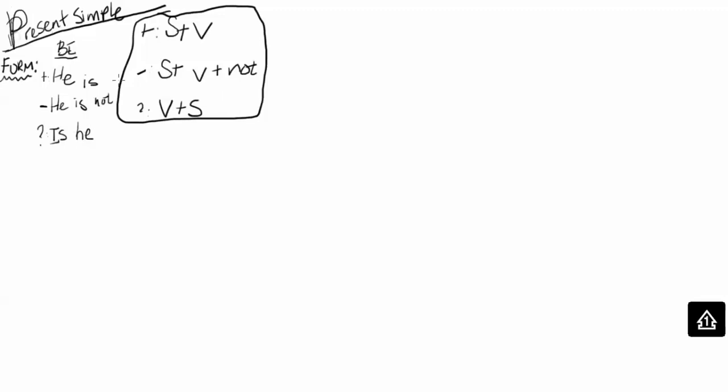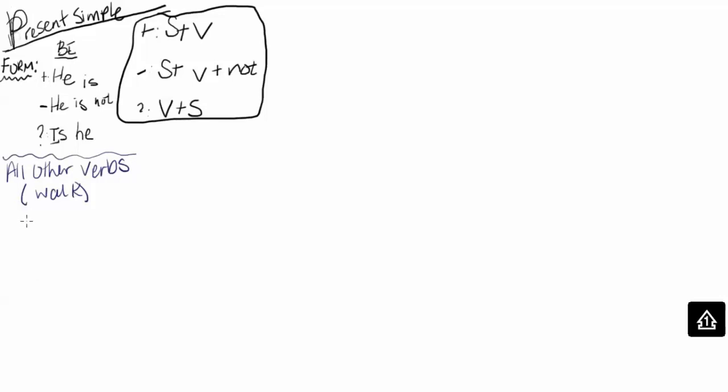Okay. Now the thing with all the other verbs that we talked about is that, and I'm going to change the color to make it different, all other verbs, for example, walk, need a helping verb.